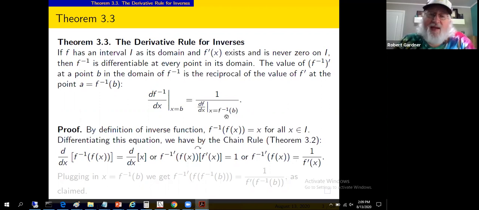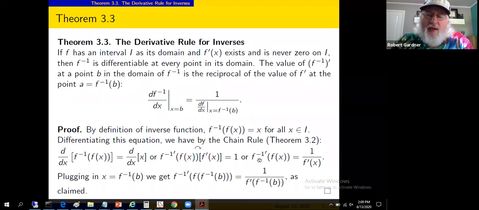This doesn't look exactly like what's written up there, so let's fiddle with it a little bit. If we set x equal to f inverse of b in this equation, then we'll have f inverse prime of f of x, that is, replace the x with f inverse of b. Now, f of f inverse of b is just b itself.